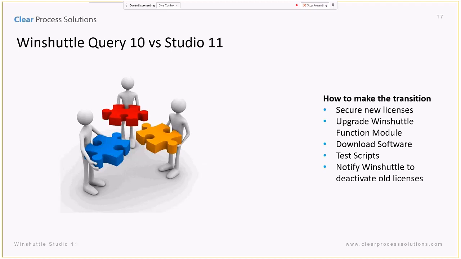Both Studio 11 and Desktop version 10 can be installed on your computer at the same time. You next would need to activate your new licenses and test your existing queries. Once your company has completed the testing of existing queries and scripts, you would need to contact Winshuttle to deactivate your old desktop licenses.